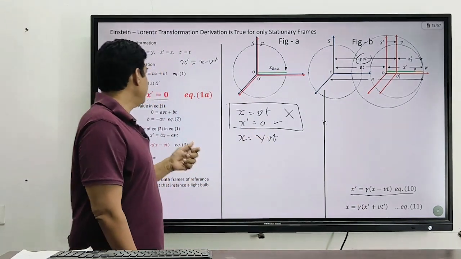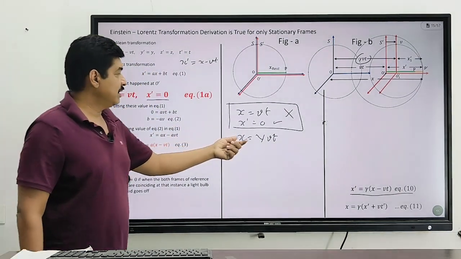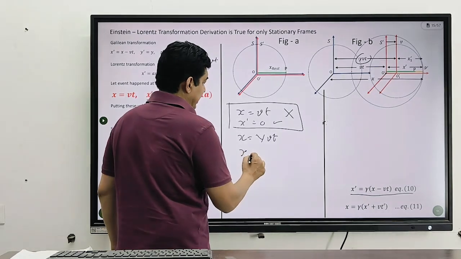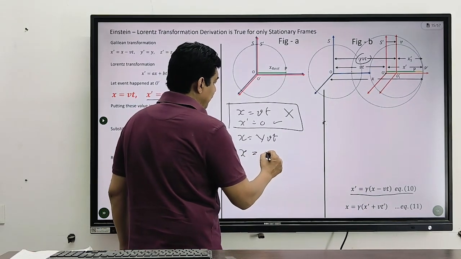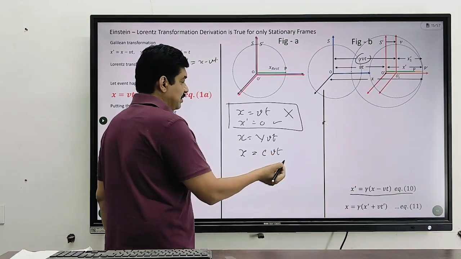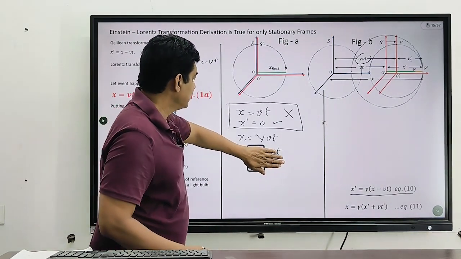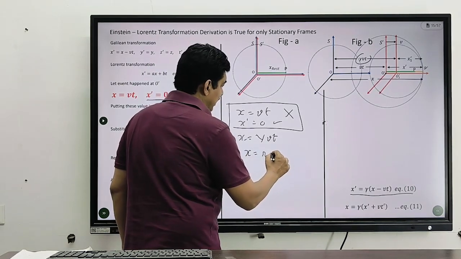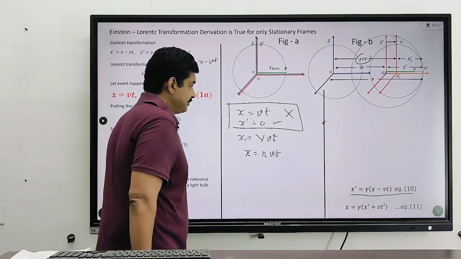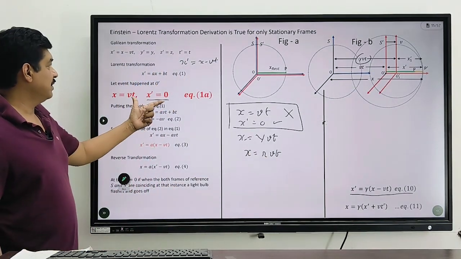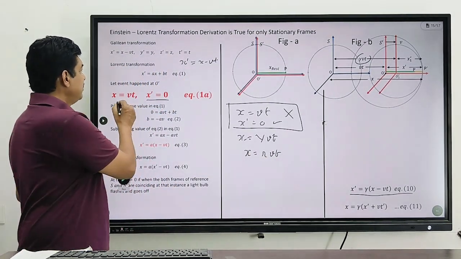Say c, they have taken this ABC. So there can be a function c, x is equal to function c Vt. C we will not take because we are taking the velocity of light, so R we can take. x is equal to R Vt. This should have been here. So the error is here. Now you understood the error is here.